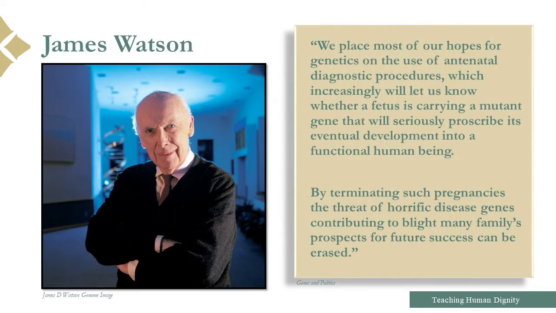So, for example, James Watson, one of the leaders of the Human Genome Project, said that we place most of our hopes for genetics in identifying and terminating such pregnancies, which he said would be a horrible blight on families' prospects for future success.